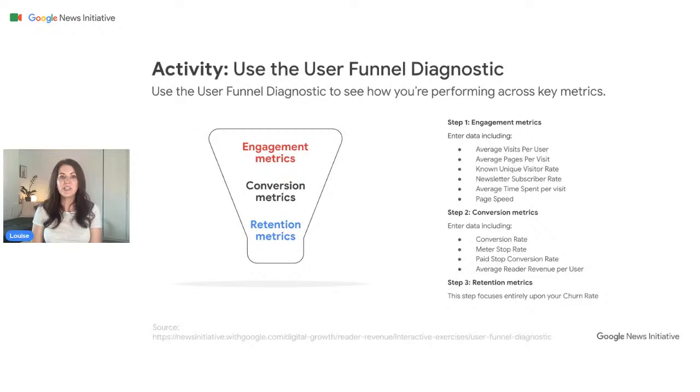But using the user funnel diagnostics and the content from this section can help identify the narrowed down list of tactics that you are interested in implementing to improve your performance across each of those metrics. So if you were struggling on that last slide to know where to start, absolutely delve into the user funnel diagnostics to see what you should be implementing or potentially should be implementing.